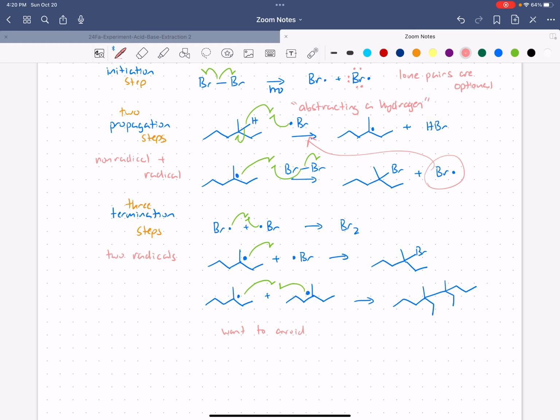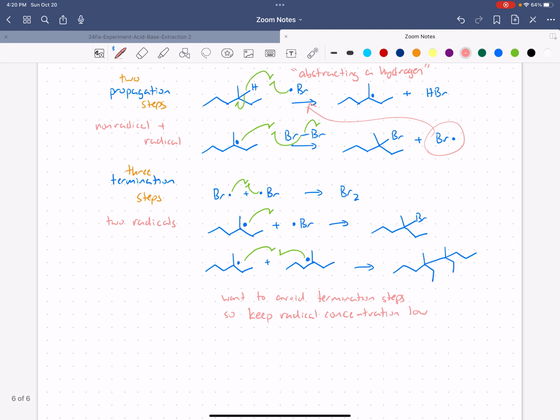Let me finish my thought at the bottom. Want to avoid termination steps. So the idea is to keep the radical concentration low. I'm writing fast because I think this is a very interesting point.